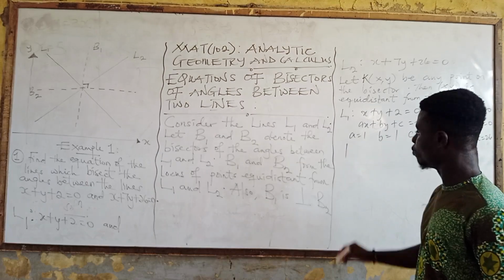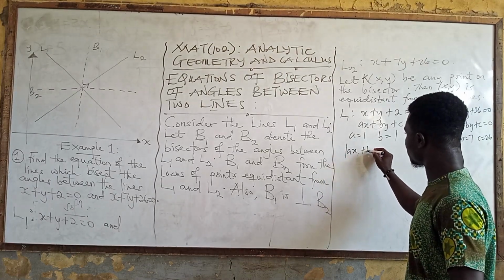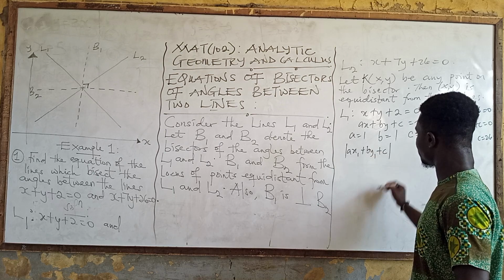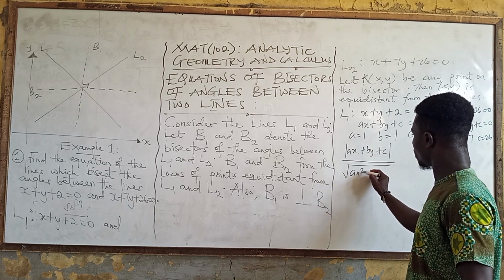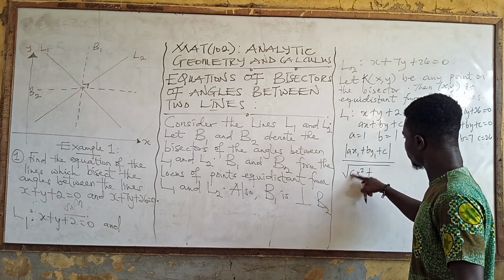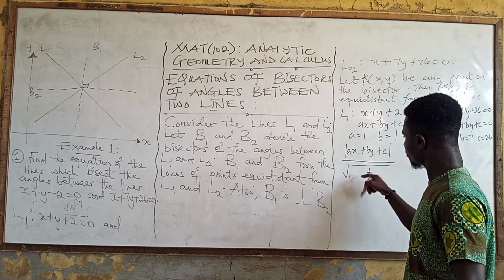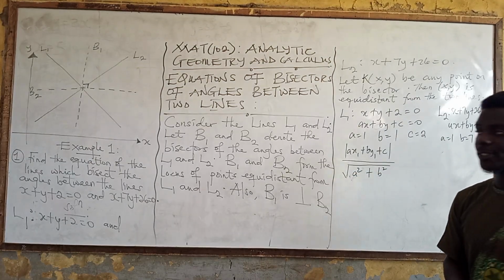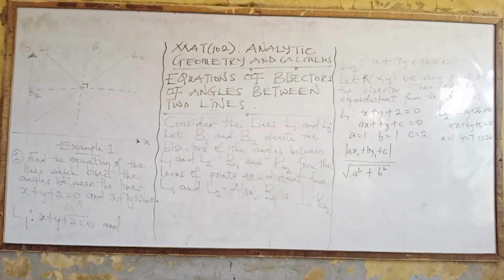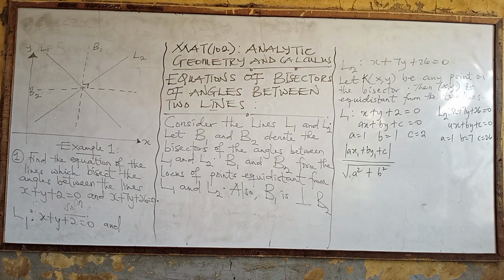That's the absolute of ax1 plus by1 plus c, all divided by the square root of a squared plus b squared. Right. So we have this.